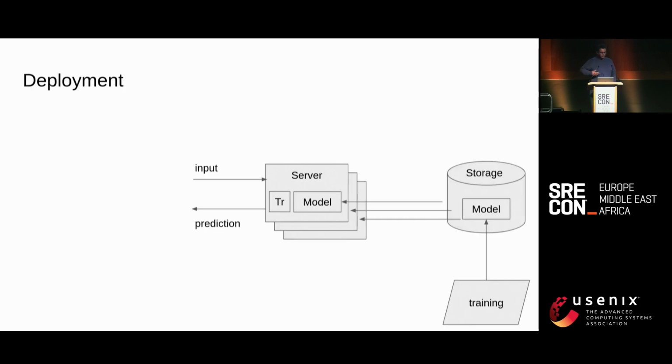Now, as we build this deployment pipeline, we take the model outside of the server, we put it in a storage, and we have a lot of servers running that are loading the model and serving it outside of the training process. So I believe the model file is the area where the world of the data scientist, the researcher is ending, and the world of the SRE or the operator starts.